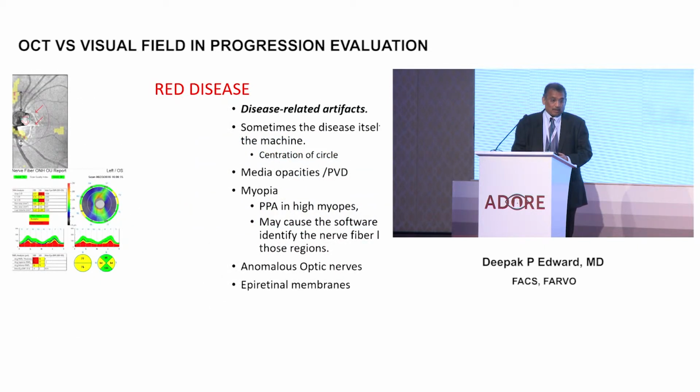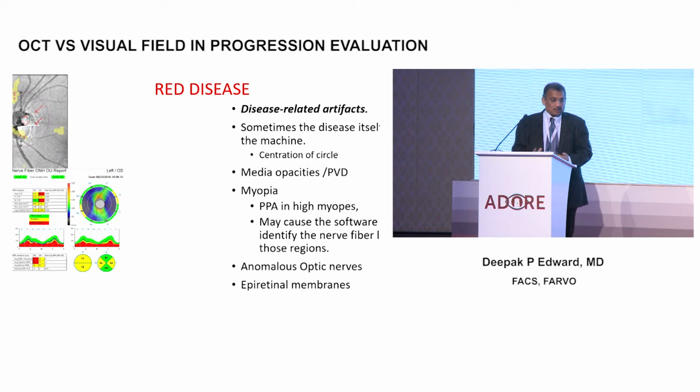Now, a few words about red and green disease. In my clinic in Chicago, I see at least one patient a week as a referral with so-called pseudoglaucoma, or red disease, from artifacts that are created, or progression that has been labeled due to red disease. Some of these artifacts are listed here. The centration circle can be wrong, as shown in the picture in the upper left-hand corner.